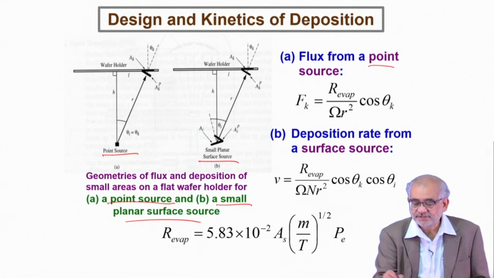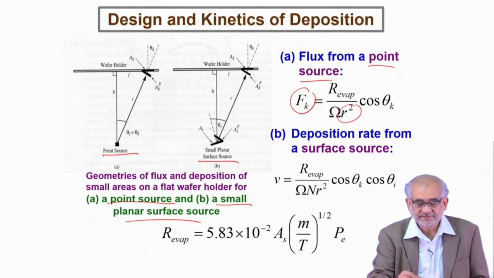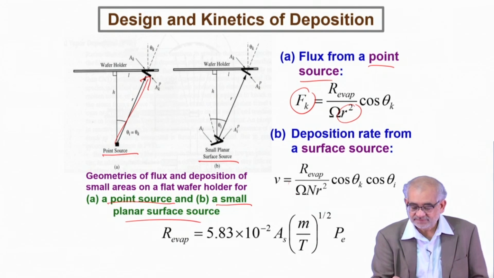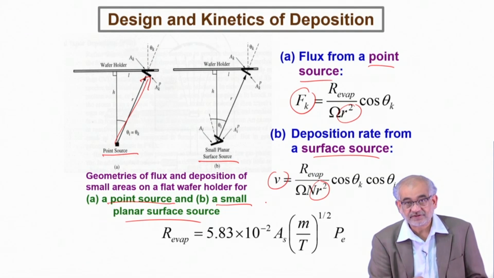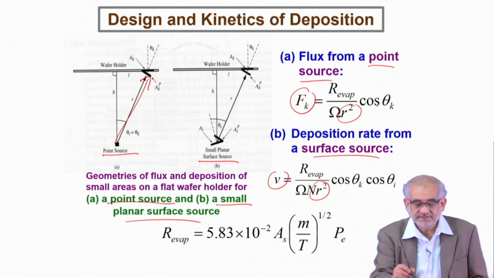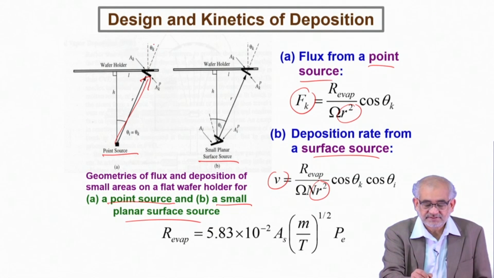In case of a point source, the flux will be inversely proportional to the radial distance. The same thing is true for a wider surface area. The flux in that case will be inversely proportional to the square of the radial distance. But in addition, it will also depend, here it primarily depends upon this theta k.